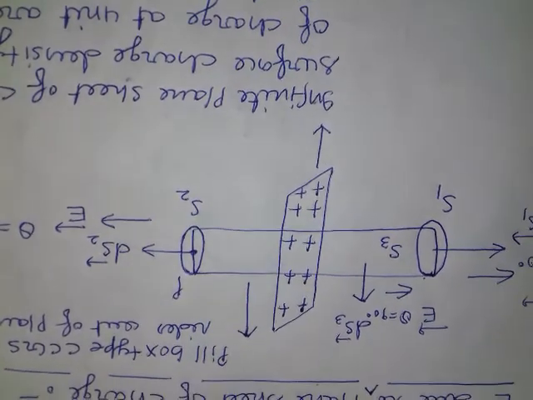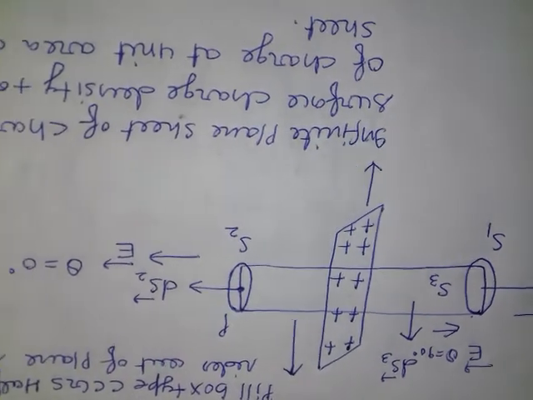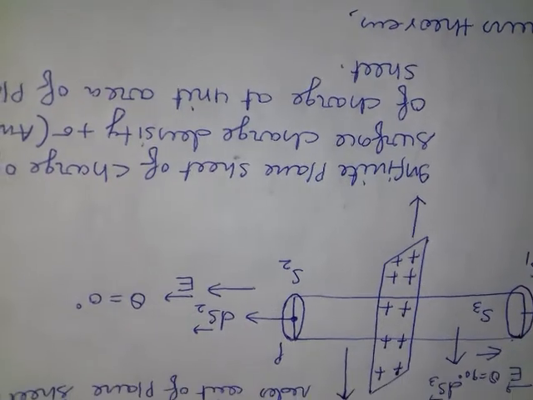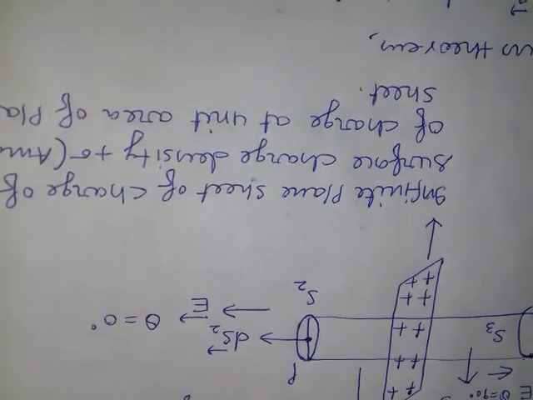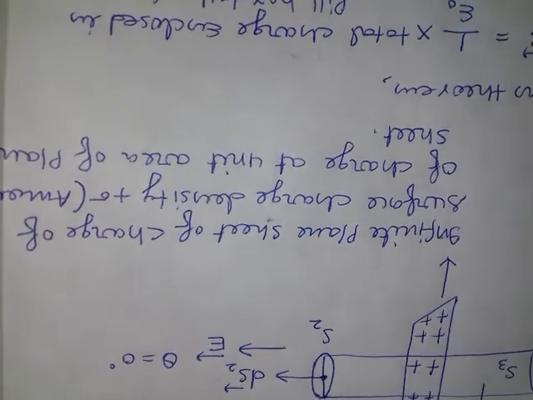Okay, the charge is positive on the thin plane sheet of charge, of surface charge density plus sigma. Surface charge density plus sigma means this is the amount of charge per unit area of the plane sheet.